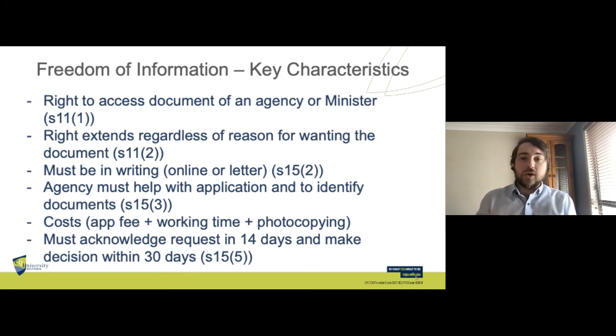And so it's not a valid reason for an agency or a minister who has had a Freedom of Information request put to them to say, oh, I think this person's going to use this information to hurt my political reputation or to expose a mistake that I've made. So I'm not going to give it to them. The reason for wanting the document is usually not a barrier to access to that document.